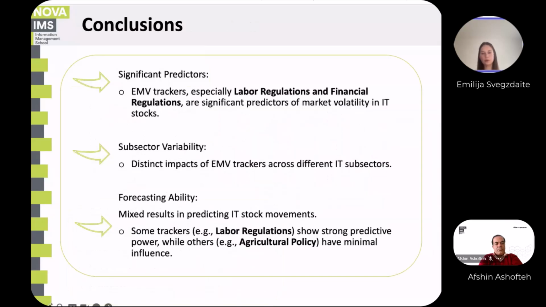So finally, to conclude, this thesis examines the volatility of IT stocks in the S&P 500, specifically the IT sector. The findings reject the null hypothesis that EME trackers have no impact, revealing that the trackers, particularly labor and financial regulation, significantly influence these stock movements, and also that different IT subsectors react differently to EME trackers.